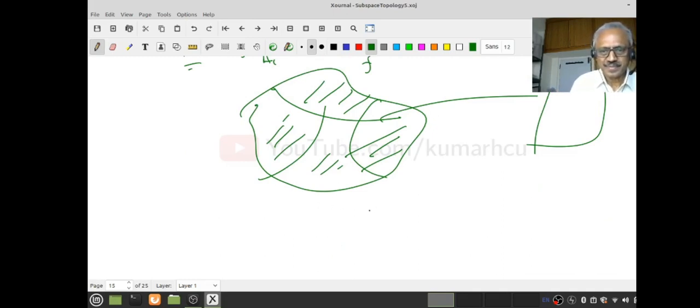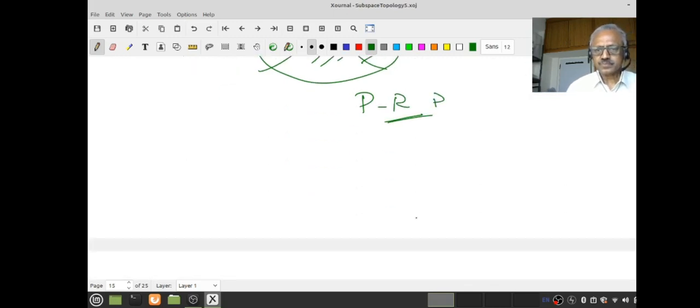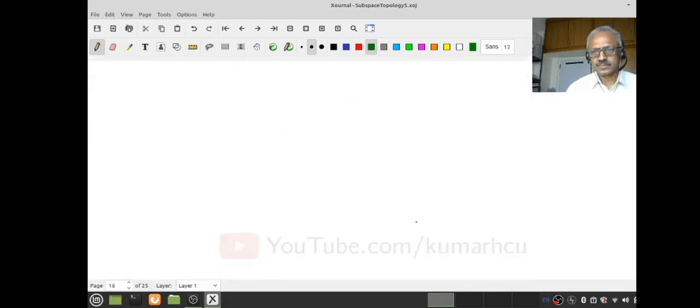So pause, review, proceed. In fact, this is the version you will use often. The textbooks will say by gluing lemma or pasting lemma it follows. You will be surprised, this is the version.